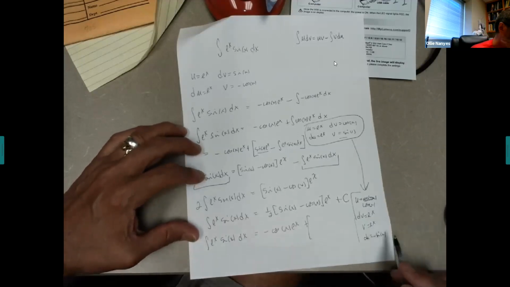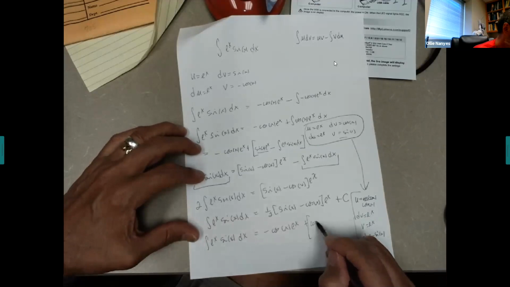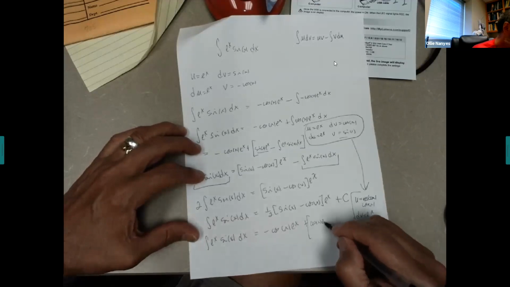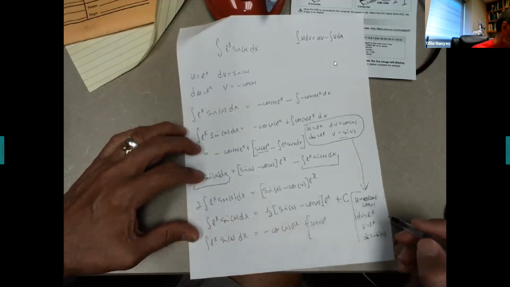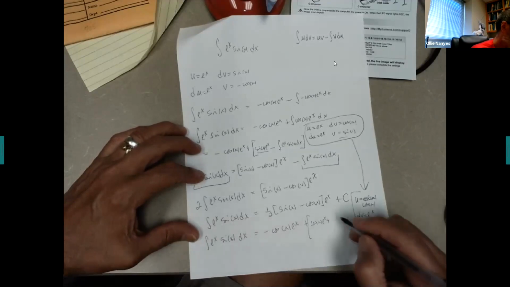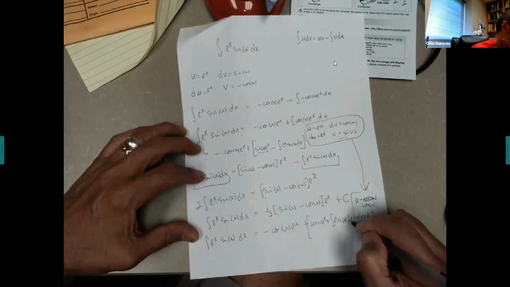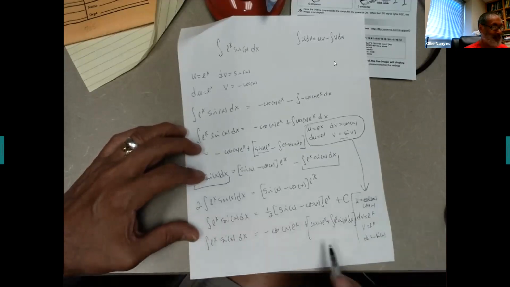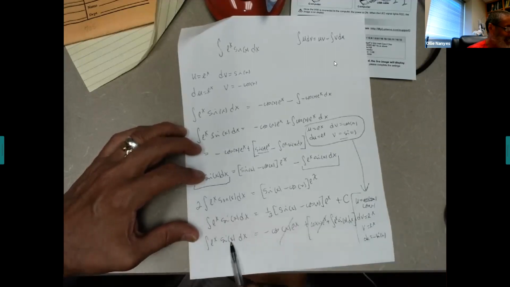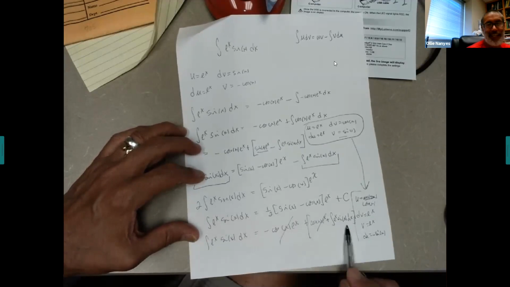What happens is, if I plug this in, I get a cosine x e^x minus the integral of minus e^x sine x dx. And then when I take the parentheses away, look what happens. These cancel, and I get the integral of e^x sin x dx equals the integral of e^x sin x dx.